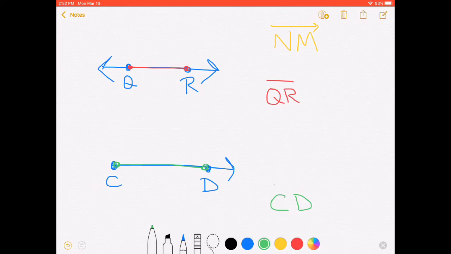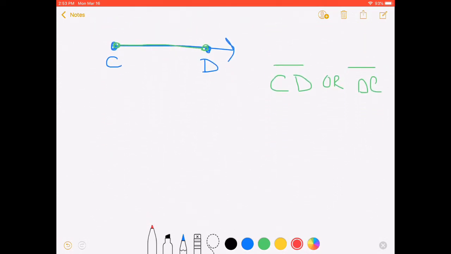So we could call this segment CD, or we could call this segment DC. Same for the example above, we could also call this segment RQ. For a segment in a line, the order of the letters doesn't matter. For a ray, it does, because rays always have to start with the end point.